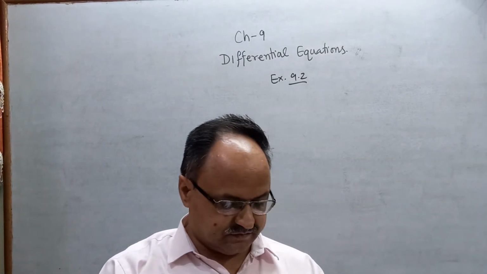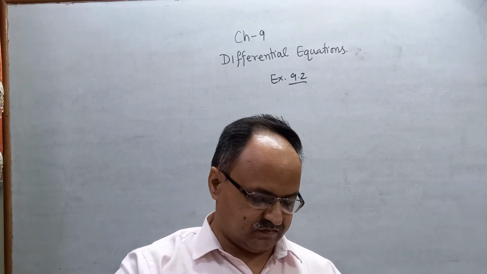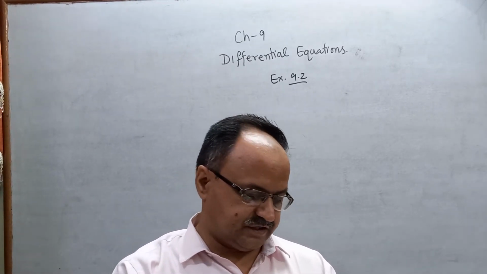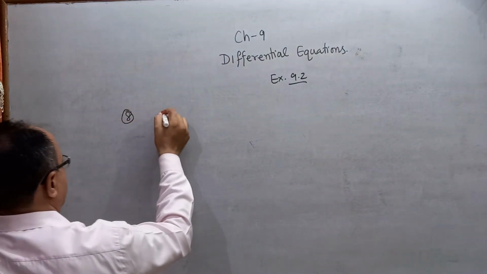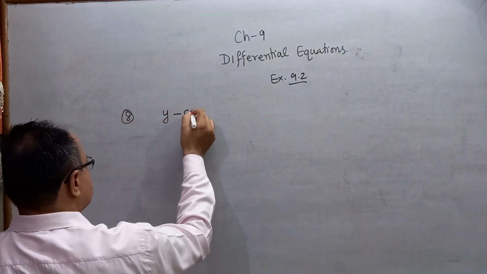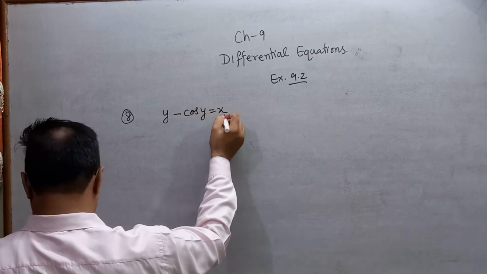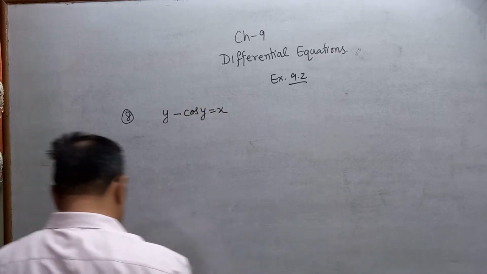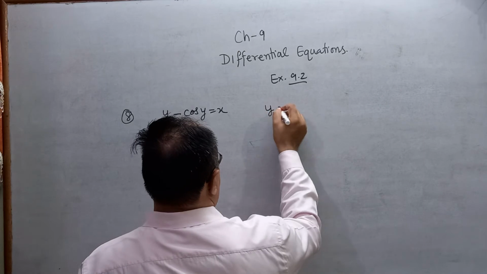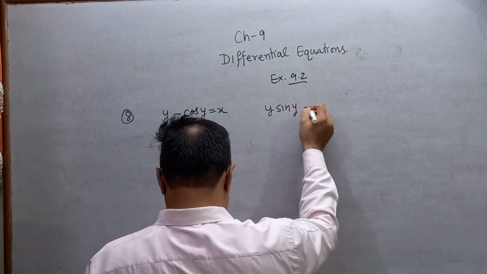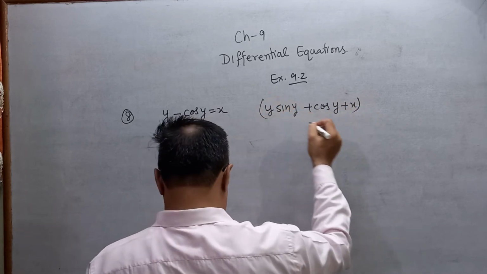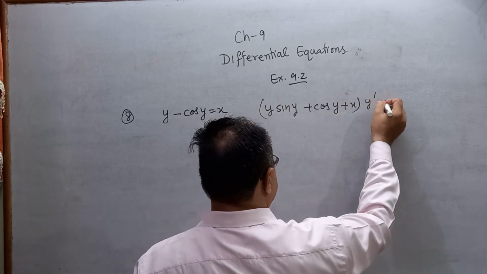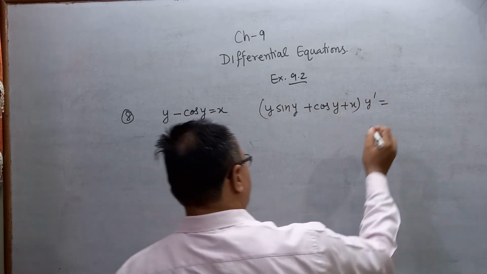Look at the next, question number 8. y minus cos y is equal to x, and you want to prove that y sin y plus cos y plus x into y dash is equal to y.